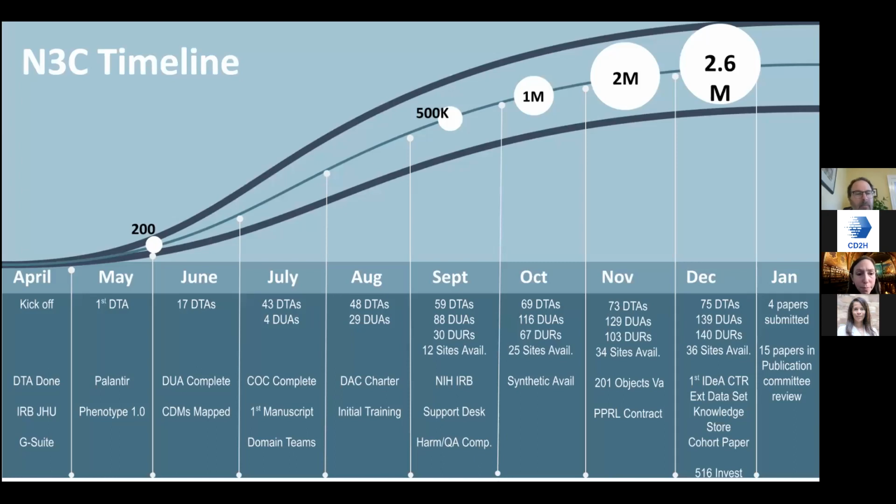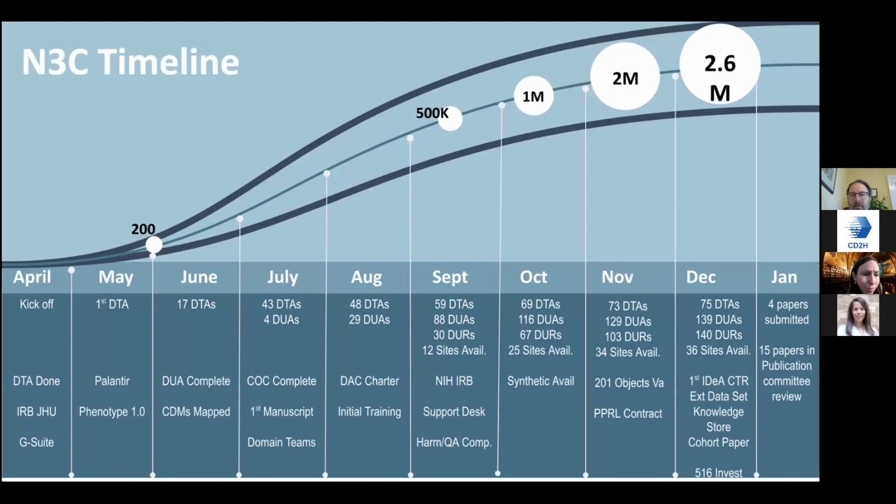Real quickly, I just want to thank, it is hard to explain the amazing team that Melissa and Anita and all of the people have put together. We have well over 1,200 people who have volunteered to help put this together. And this is a timeline. In COVID time, I know it feels like years, but in fact, we kicked this off in April.